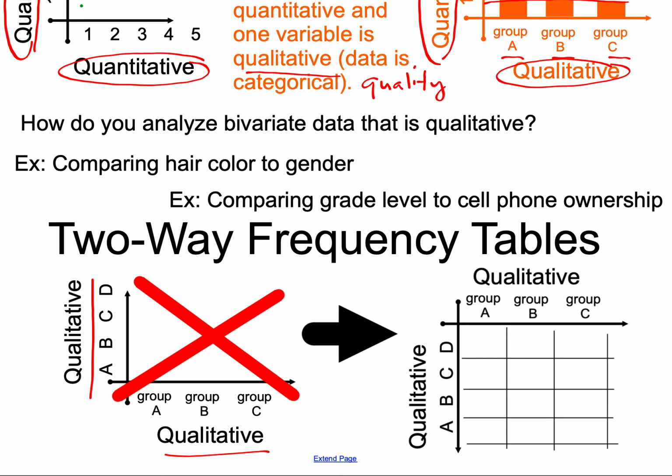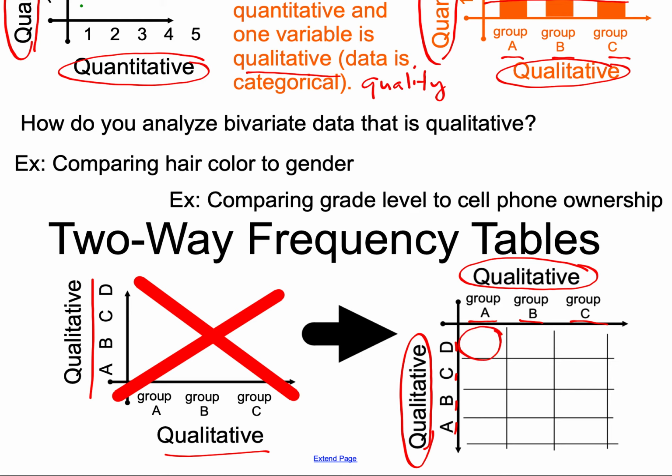We actually flip the x-axis up to the top, and it's like we're using quadrant 4 of the coordinate plane. And our x-axis qualitative variables are listed, and our y-axis qualitative variables are listed. And then we get this array of categories.